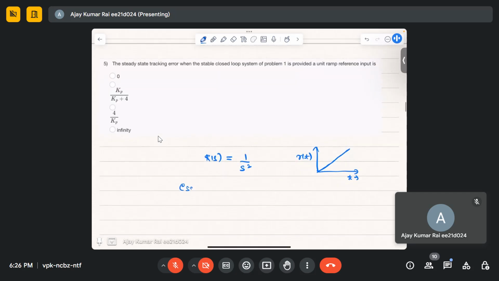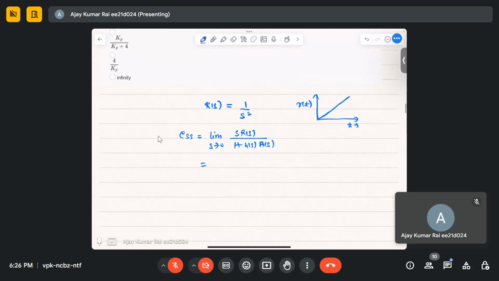So again we'll be using the same formula. You have to find the steady state error, right? So the formula remains the same, 1 plus GsHs. So Gs is s square plus 4s plus 3.